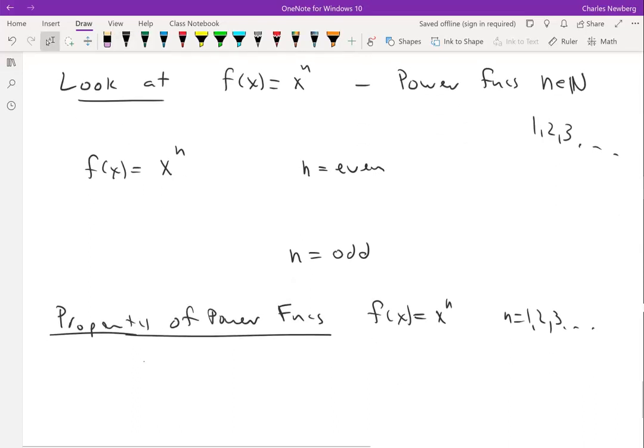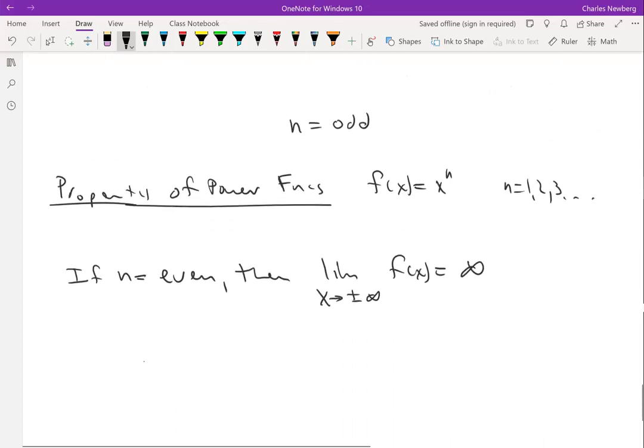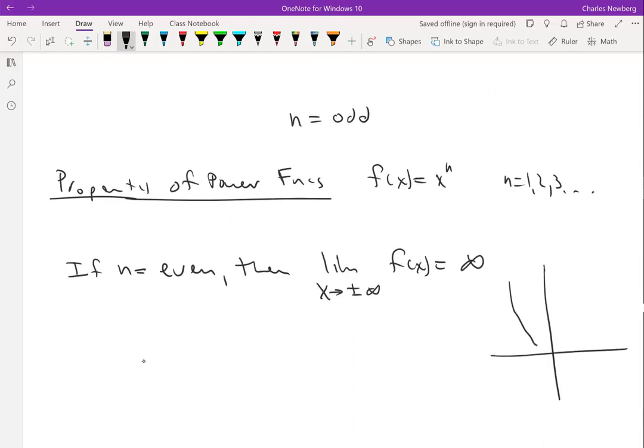It says this: if n is even, then the limit as x goes to either positive infinity or minus infinity of that function is infinity. And how I visualize that, think of the y equals x squared graph. They both point up to what? Infinities.